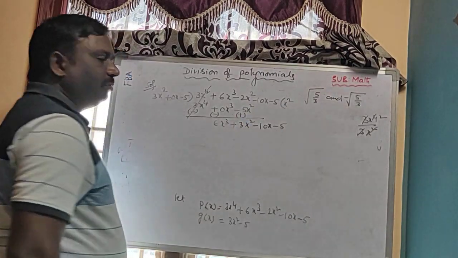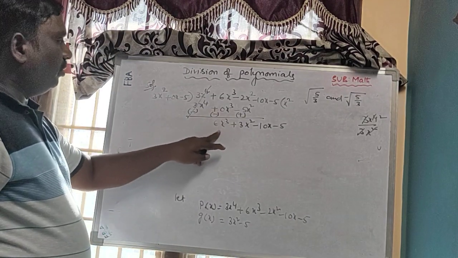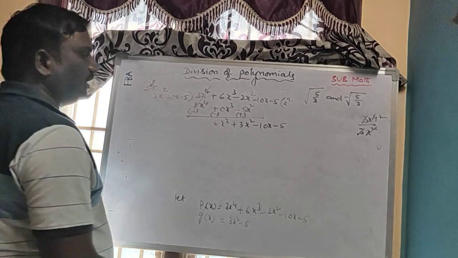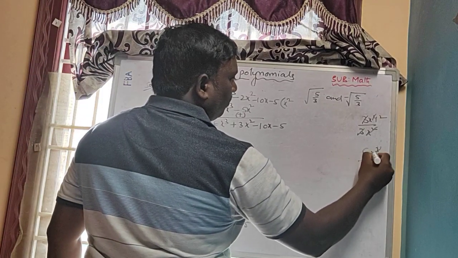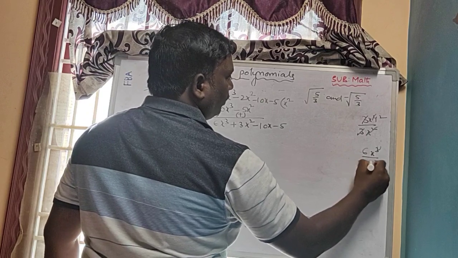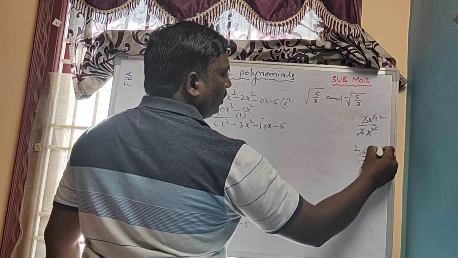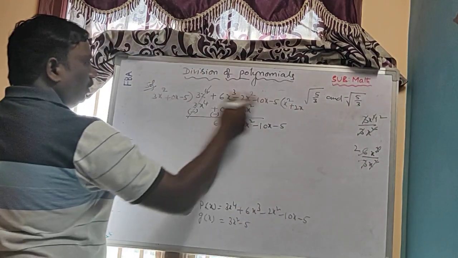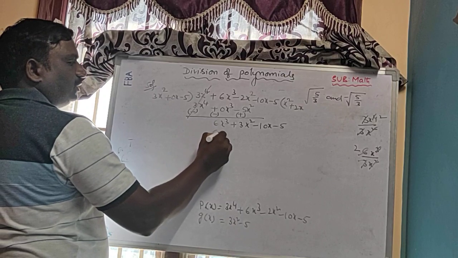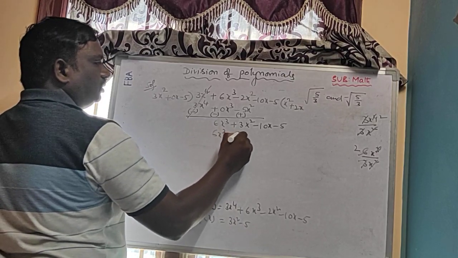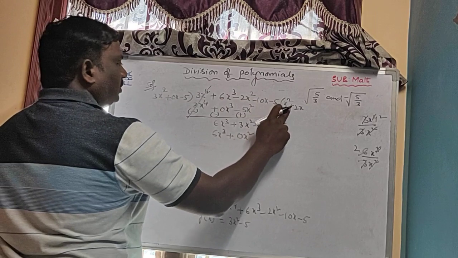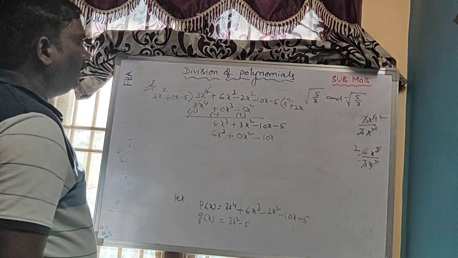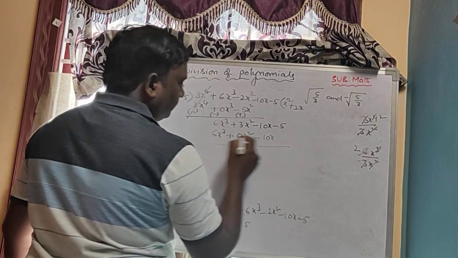Bring down the next two terms, minus 10x minus 5. Again, divide the first term of this remainder by the first term of the divisor: 6x cube by 3x square gives 2x. Multiply 2x with all these terms: 6x cube plus 0x square, and minus 5 times 2x is minus 10x.